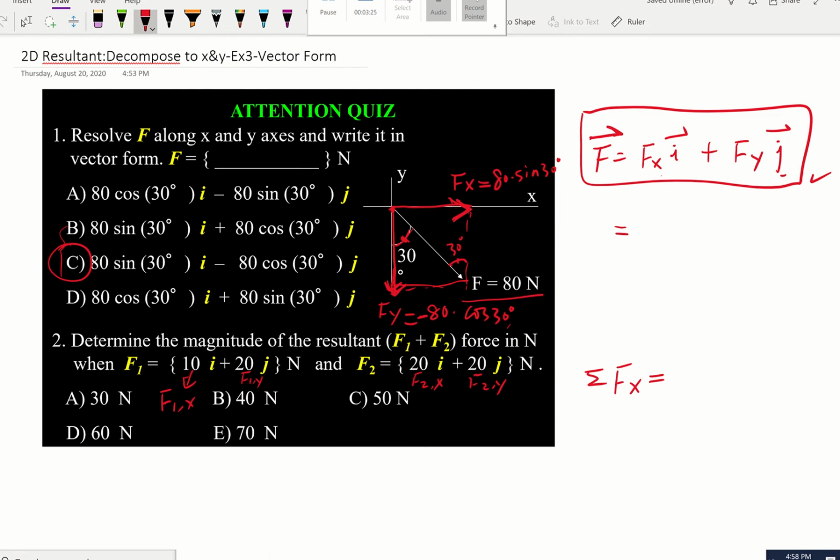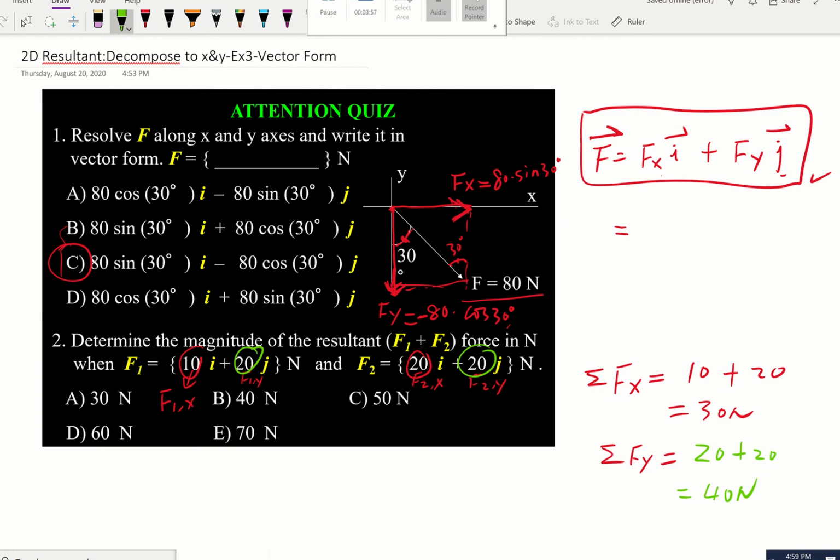Step 2, add all those forces together in the x direction. So we'll have 10 plus this 20. That's all x component. That'd be 30. Now we do the same thing. Add all the y components together. I'll have this 20, then add this y component for F2, that 20. Added together, I have 40 Newton.